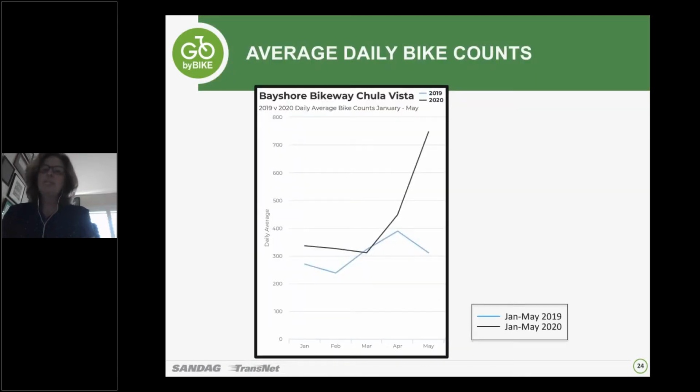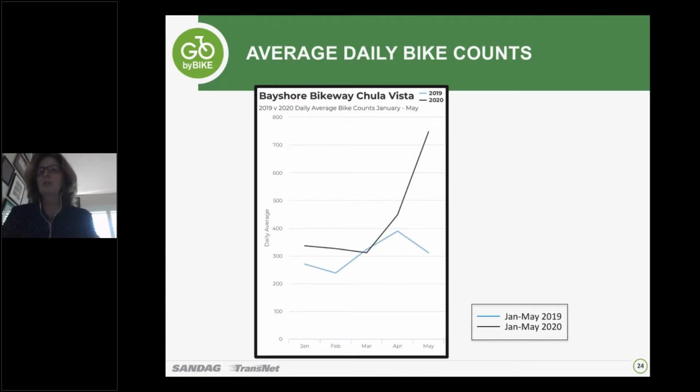I wanted to end the presentation by just talking to you about some use information that we have been collecting and maintaining as part of our overall bikeway program. And we have 8 different corridors around the region that we have a counter in the pavement that counts people biking as they go past the counter. And one of the corridors is our Bayshore Bikeway corridor down in the city of Chula Vista.